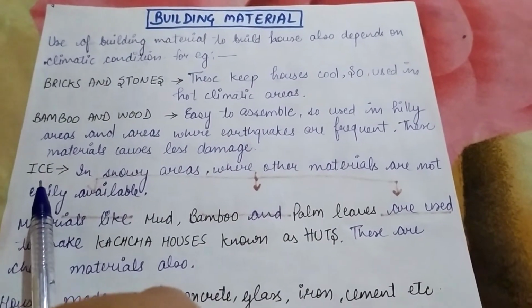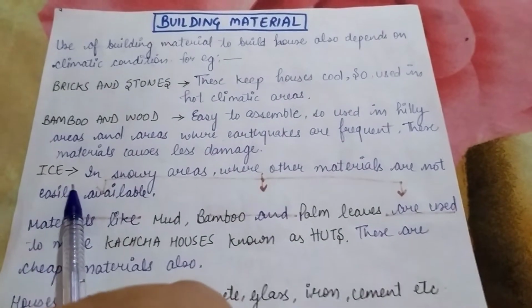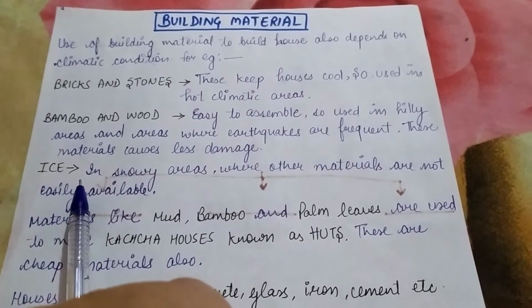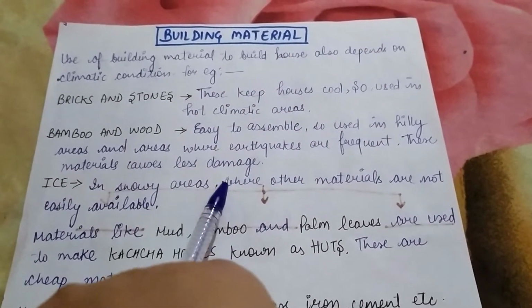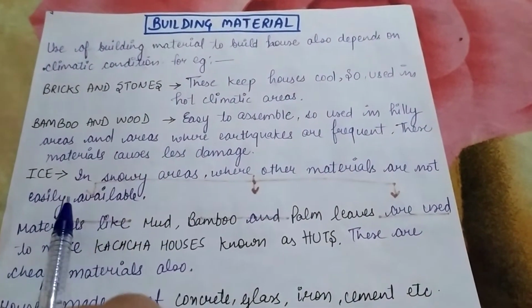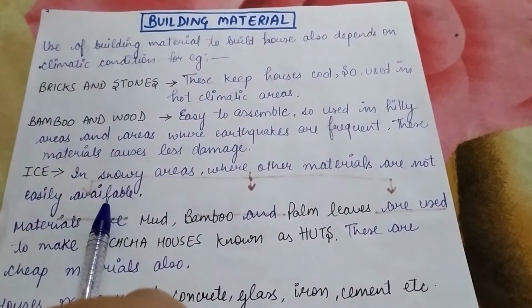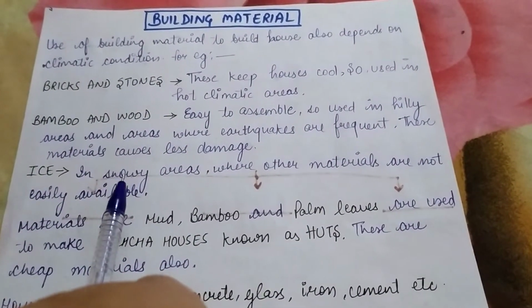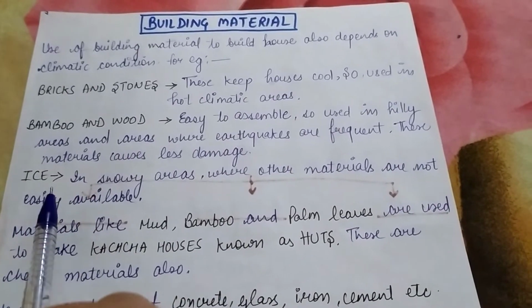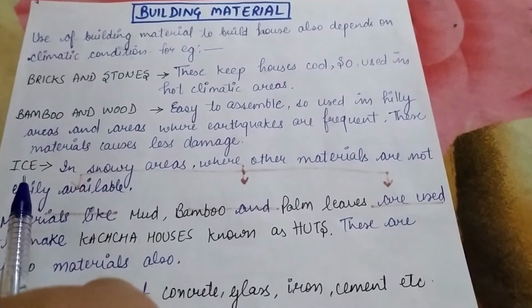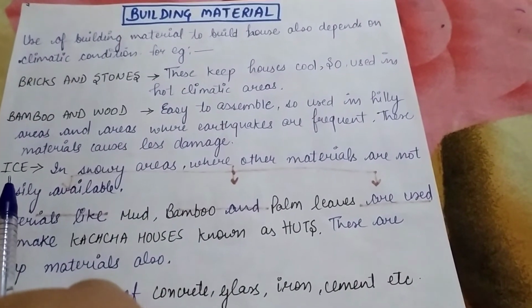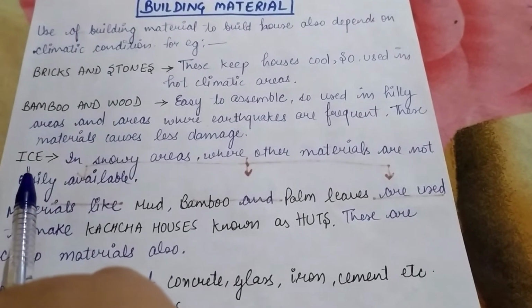Then ice is also used as a building material in snowy areas where other materials are not easily available. You must have learned in the lower classes that the houses built of ice are known as igloos.